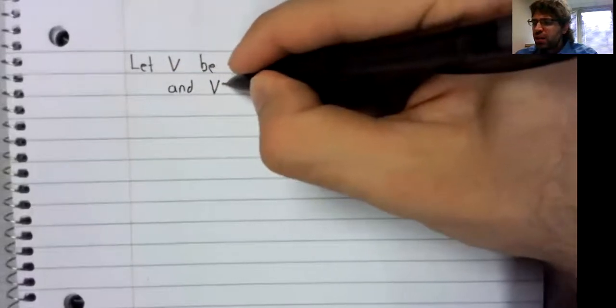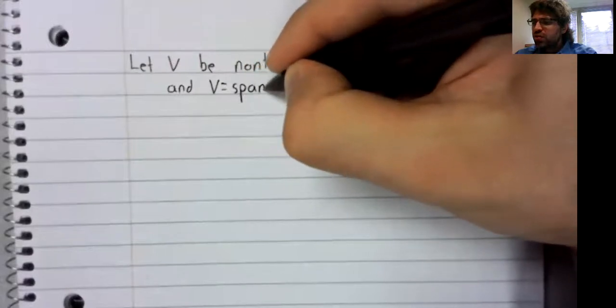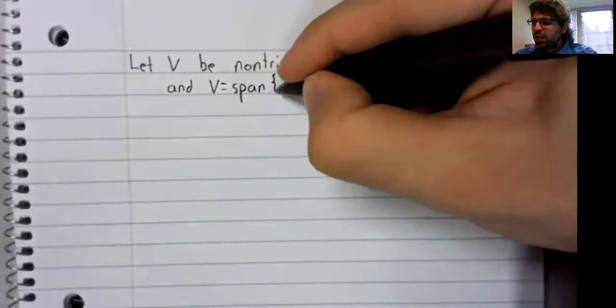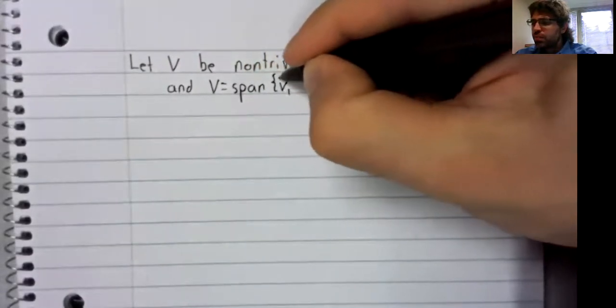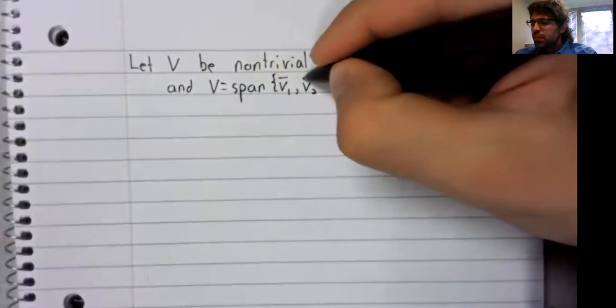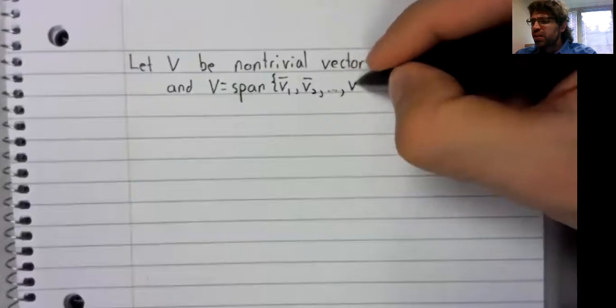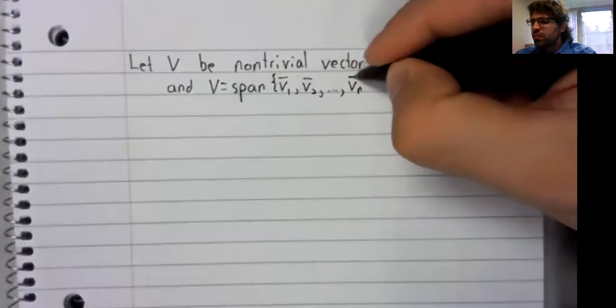And V is the span of finitely many vectors.